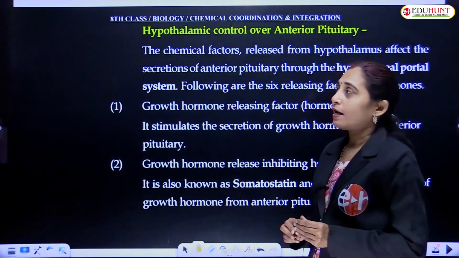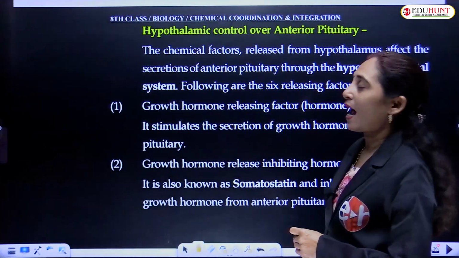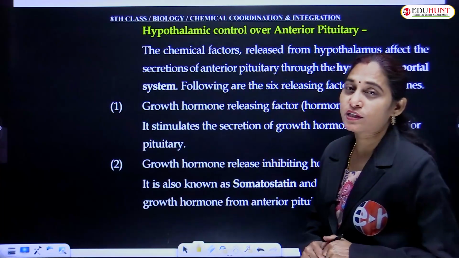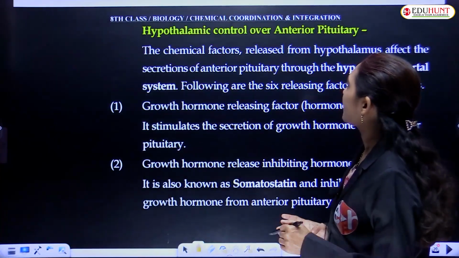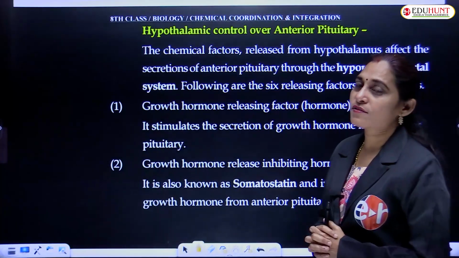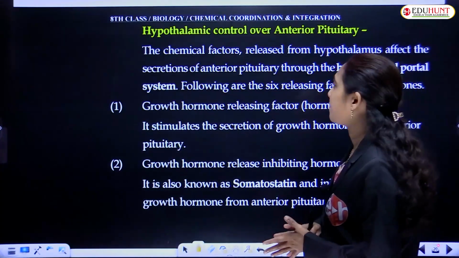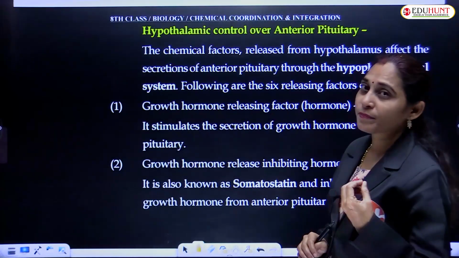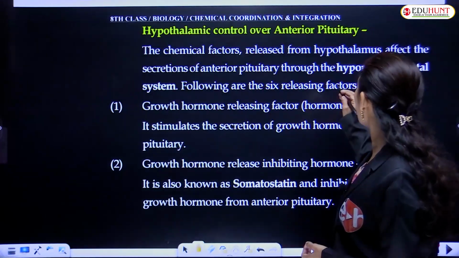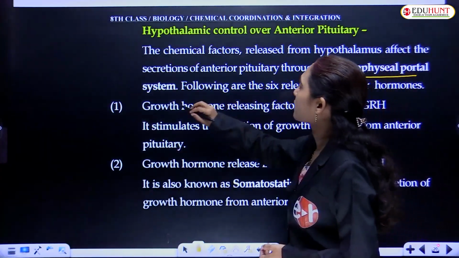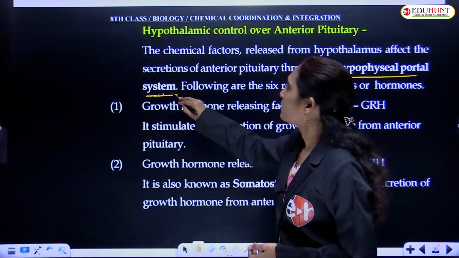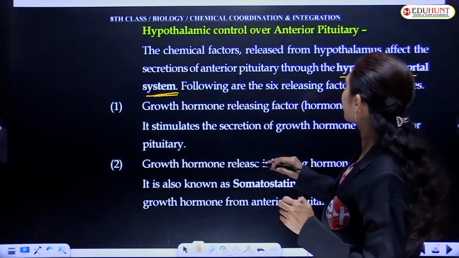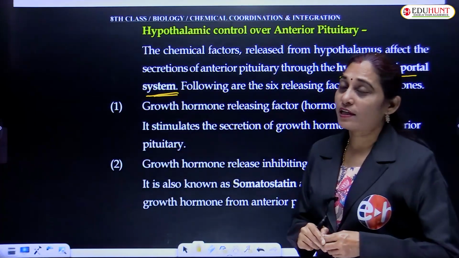Then hypothalamic control over the anterior part of the pituitary gland. The chemical factors that are released from the hypothalamus affect the secretion of the anterior pituitary gland through the hypophyseal portal system.